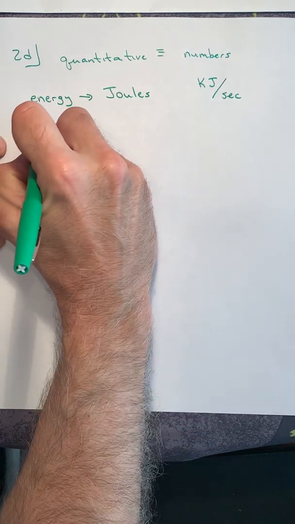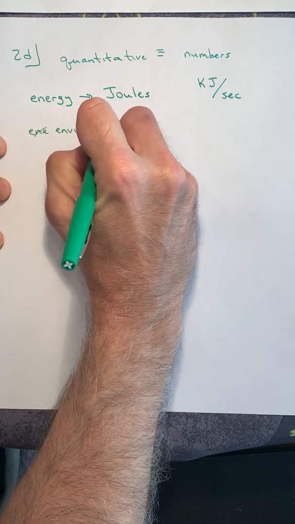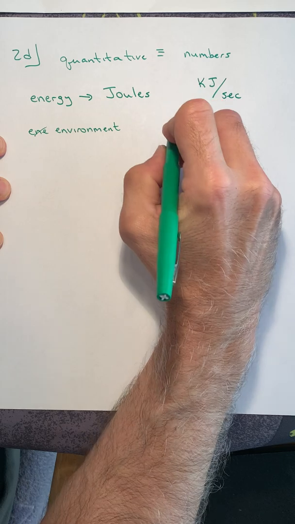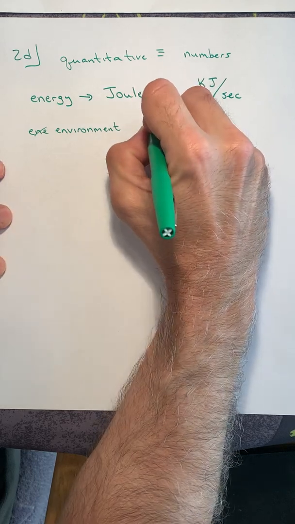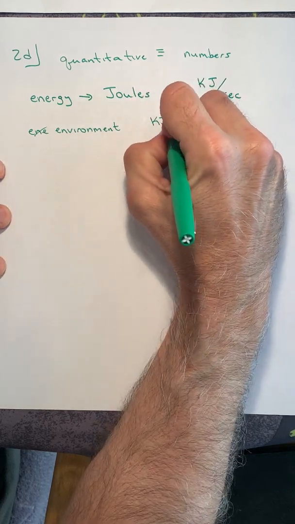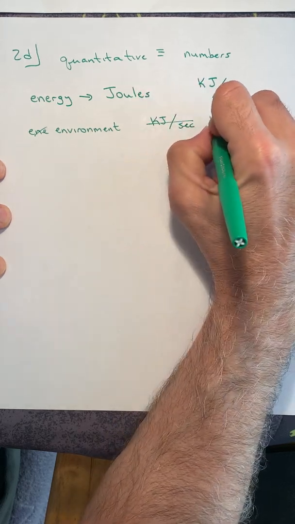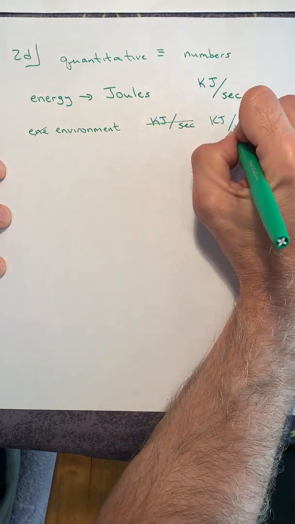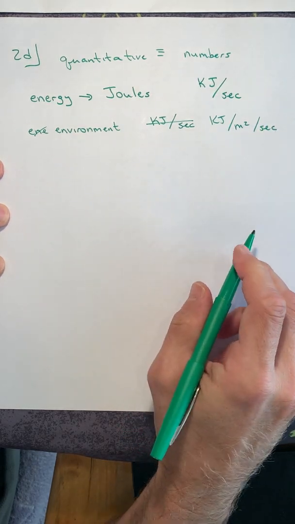Now, when you refer to, let's see if I can spell environment. Environment, there we go. When you talk about environments, you're talking about the sun. You're talking about the sun putting energy into the ecosystem. And there, we call it kilojoules per meter squared per second. Okay?